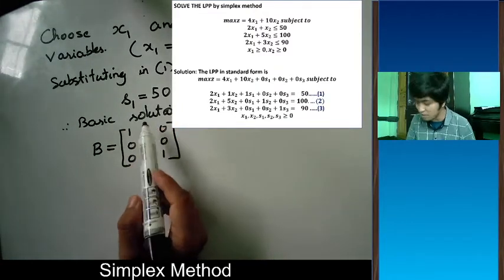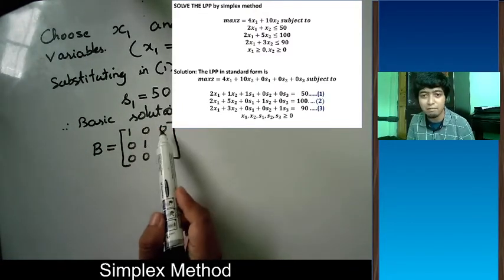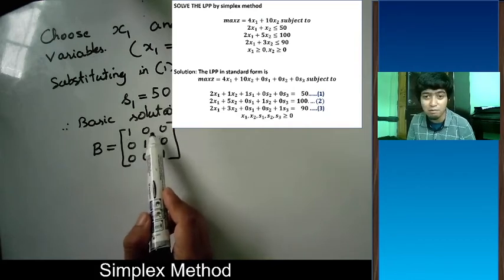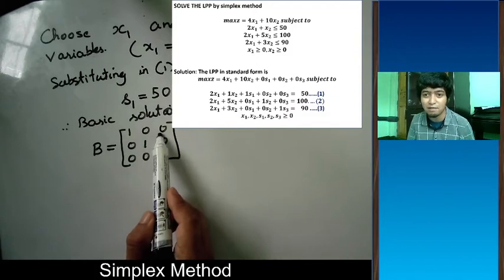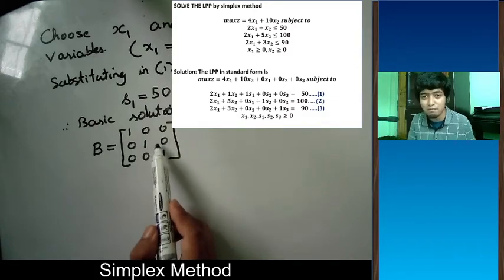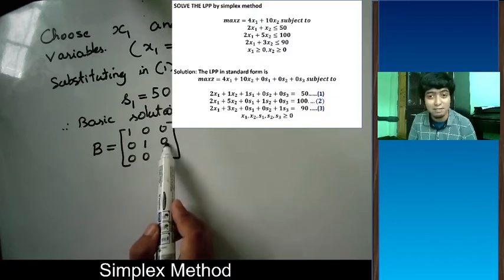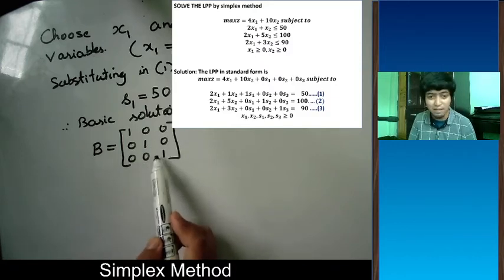How did I get this one? Just take a look at equation 1. The coefficient of S1 is 1, S2 is 0, and S3 is 0. Similarly, in equation 2, the coefficient of S1 is 0, S2 is 1, and S3 is 0. Similarly, from equation 3, we will have this.